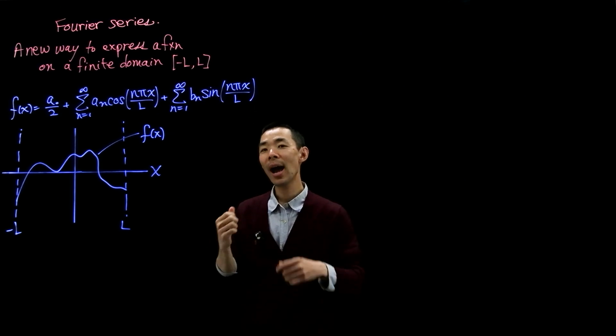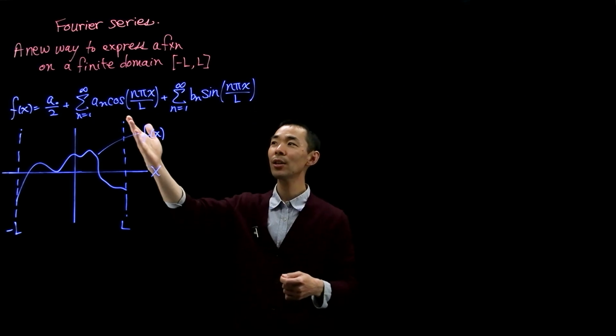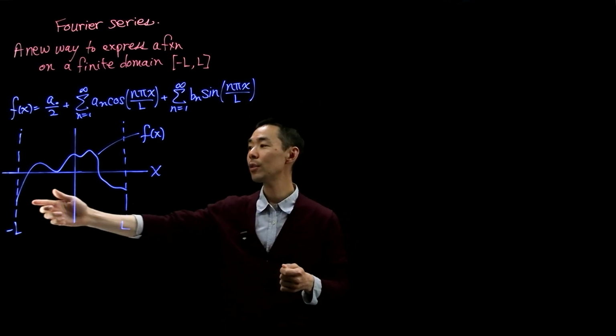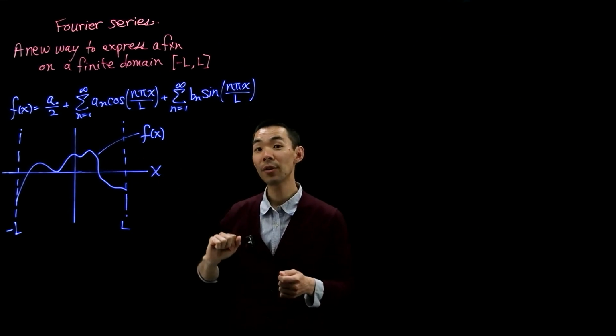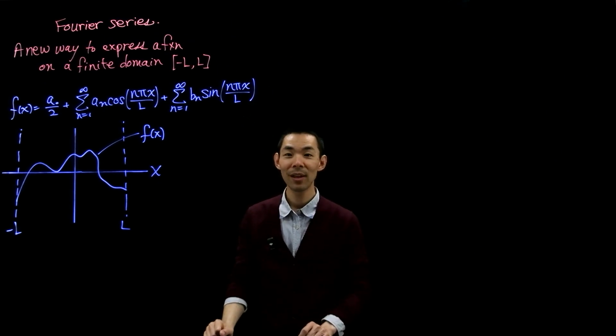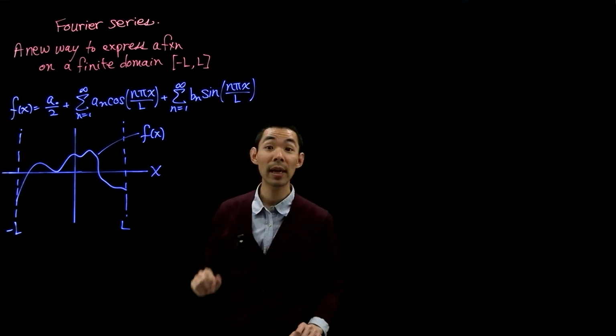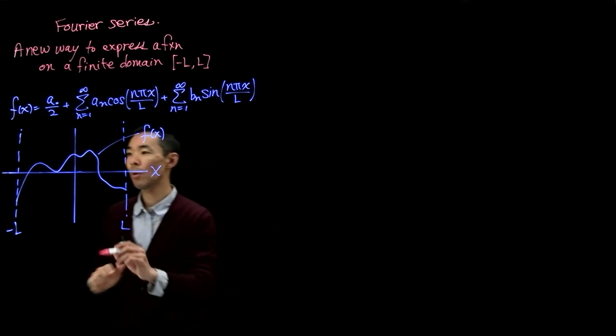They tell you how much of each cosine or sine that I want to grab in order to model this function most accurately.